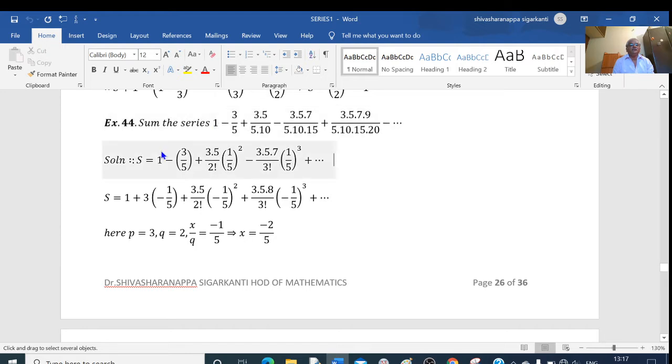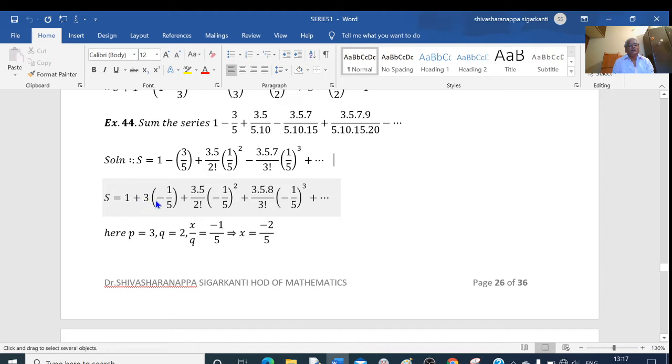So here let me write s is equal to 1 minus 3 by 5 plus, this can be written as 2 factorial into 1 by 5 square, minus 3 into 5 into 7 divided by 3 factorial into 1 by 5 cube plus and so on. I will write this 3 outside, and I will write this minus sign inside.